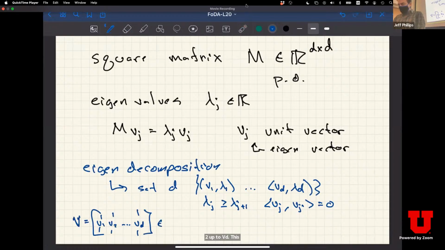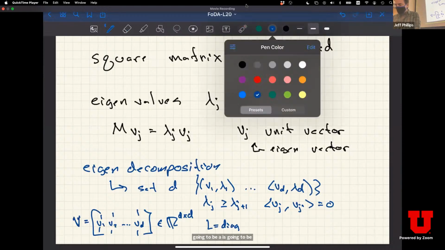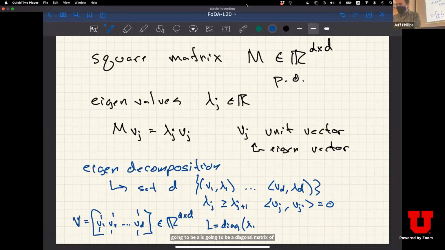This is a D by D matrix, and the columns are unit vectors, and they're orthogonal to each other, so this is an orthogonal matrix. And I'll say that L is a diagonal matrix of lambda 1 up to lambda D.